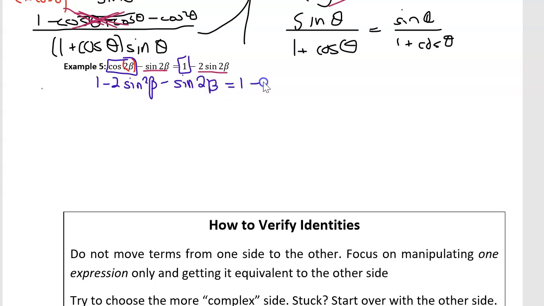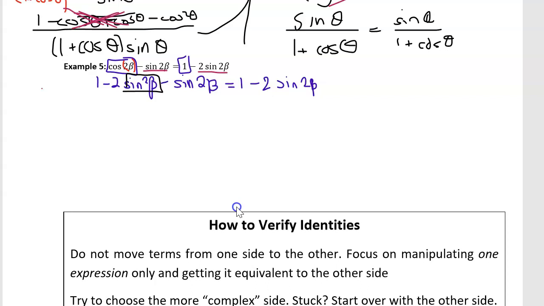And that equals 1 minus 2 sine squared beta. From here, we're looking for a way to rewrite this expression. Maybe we can replace the sine squared beta with 1 minus cosine squared. Maybe we can factor. Or maybe we're just stuck.